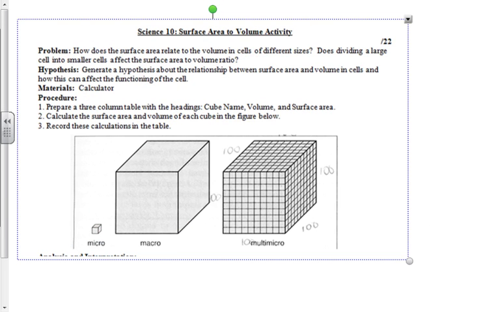And what you need to do is calculate the surface area and volume of each cube, which we already gave you the dimensions of. We told you that micro is 1 by 1 by 1, and macro and multi-micro are 10 by 10 by 10. Now, the thing to remember here about multi-micro, it's filled up with tons of little cells, the same size as micro. How many do you suppose are in that cube? 10 times 10 times 10.